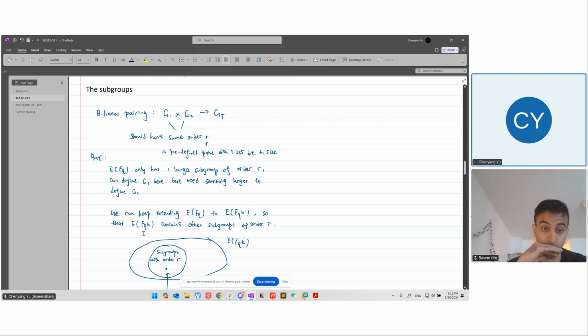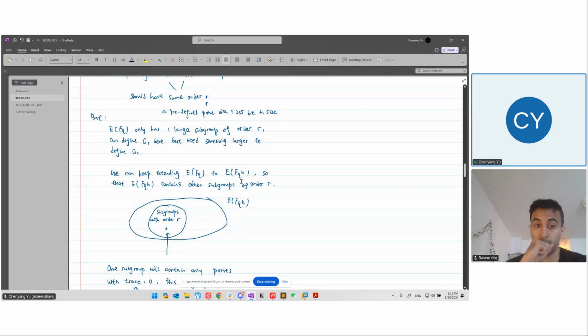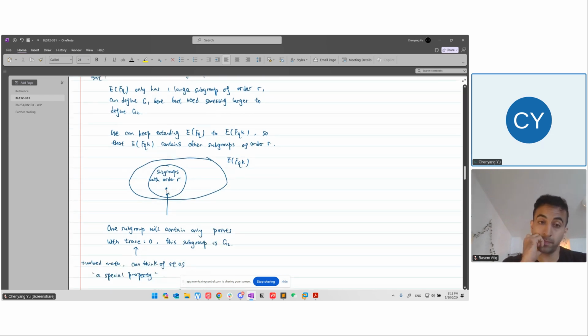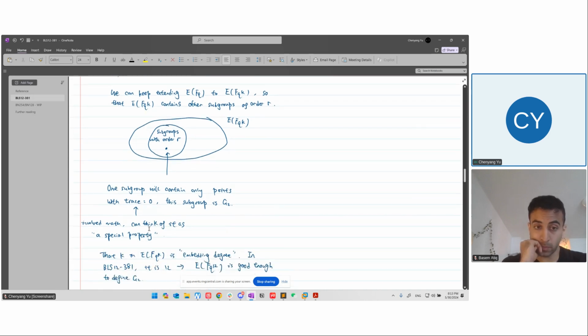So why do we want to do that? Because in E of FQK, there are many subgroups of order R, and we are going to pick a special one from it. The special one has a property that its trace equals 0. This one I don't quite understand yet. It's pretty involved math, so I'm going to come back.